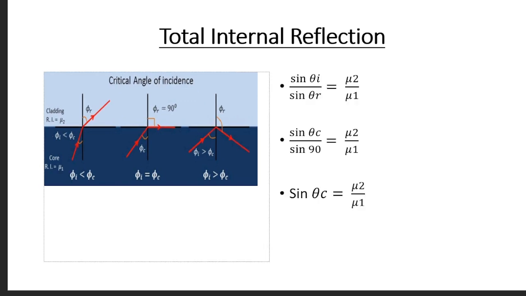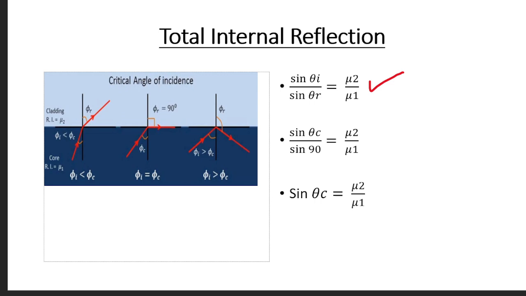From this, by using Snell's law, we can write sine of theta i upon sine of theta r equals mu2 upon mu1. Here theta i is the angle of incidence, theta r is the angle of refraction, mu2 is the refractive index of cladding, and mu1 is the refractive index of core. In the second diagram, the angle of incidence equals the critical angle.